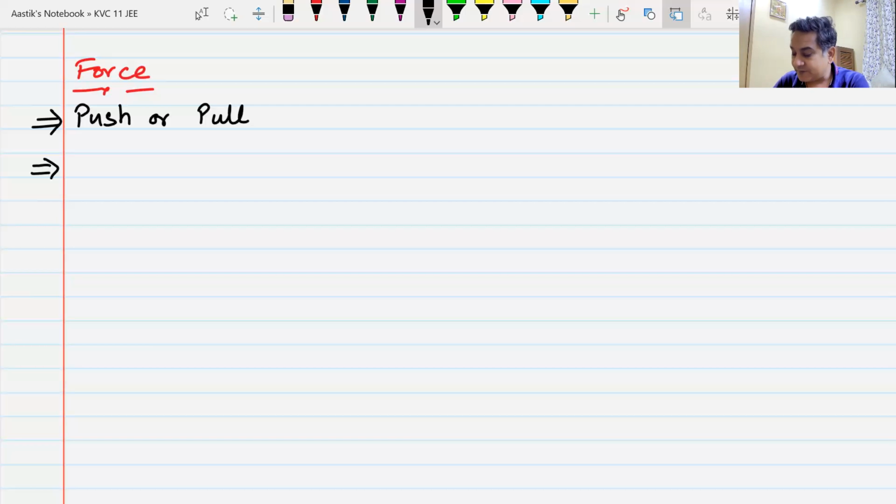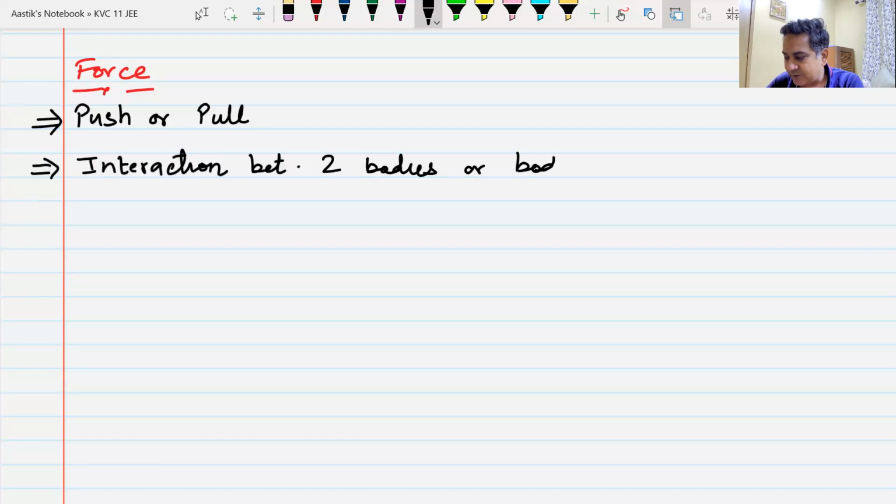So that is a better definition of force. Force is an interaction between two bodies or between a body and the environment.